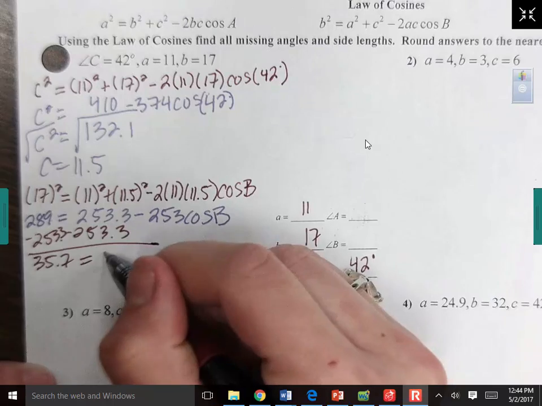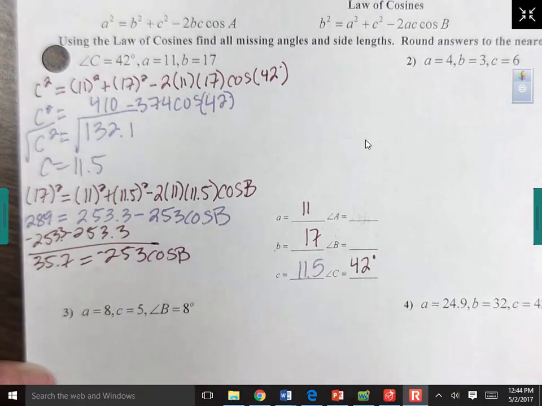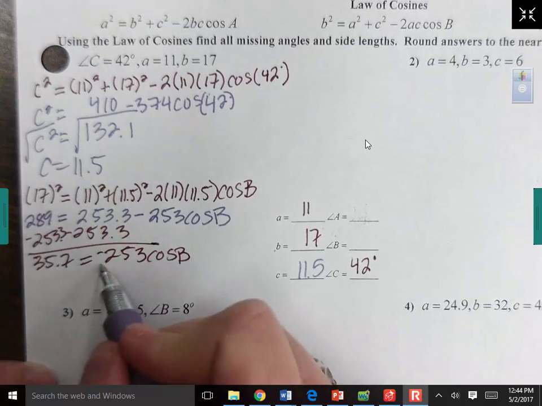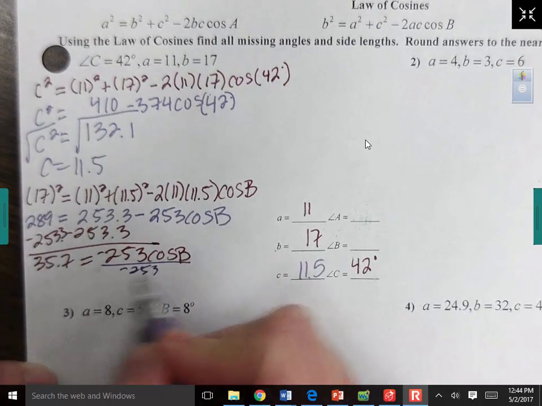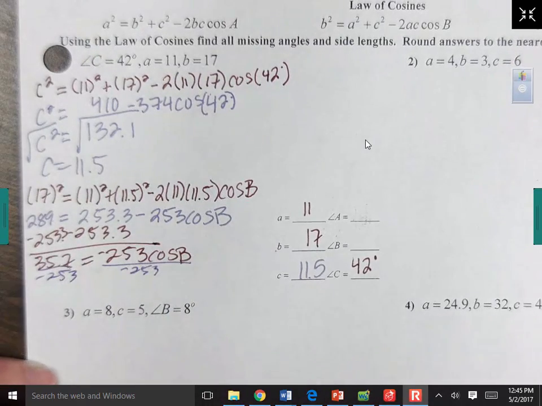And then that's equal to negative 253 cosine of B. And then we'd have to divide both sides by what? Good, negative 253. And we're going to end up getting a small decimal, negative 0.1411. Is that what y'all got?